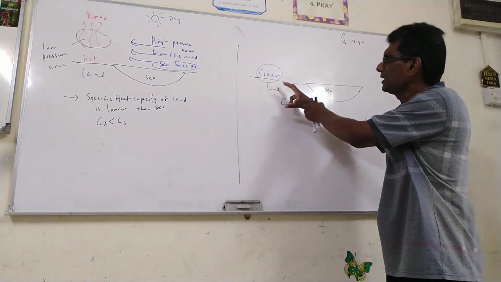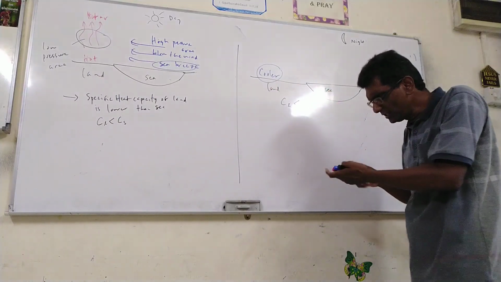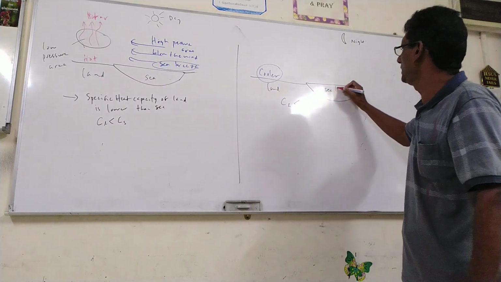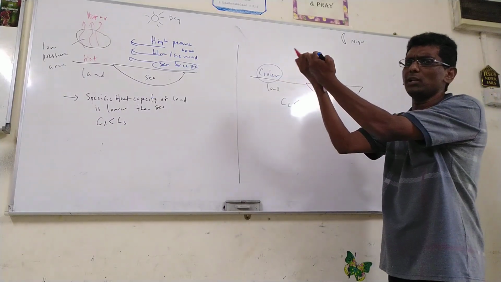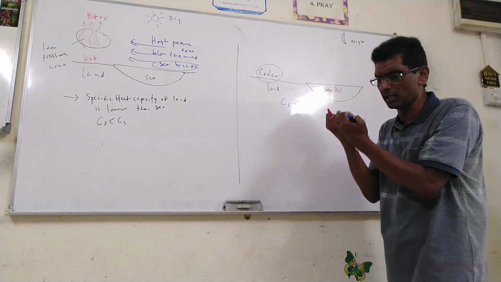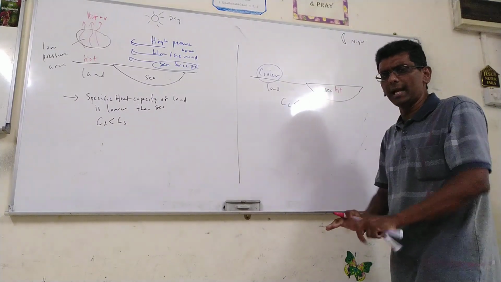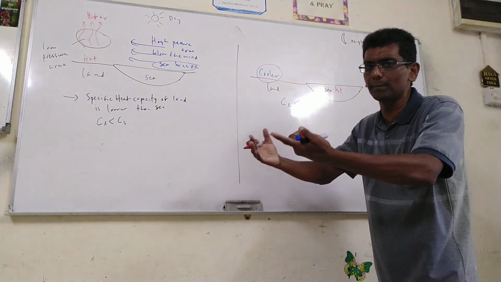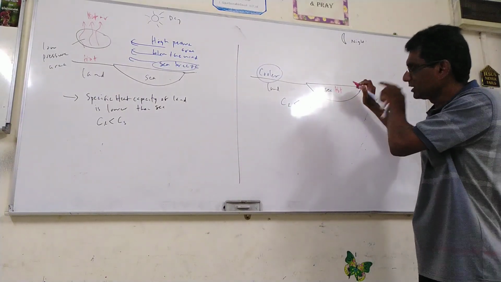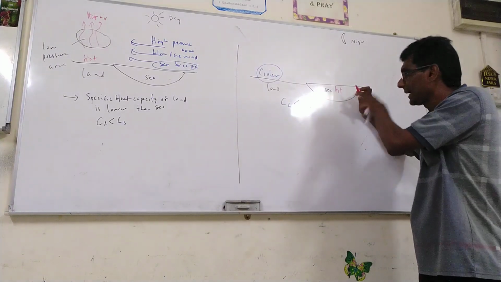So the land becomes cooler than sea. The sea is still hot. The sea absorbs the heat during daytime. During daytime it receives the heat from the sun and keeps the heat. At night time it gives back the heat. So the sea is still hotter at night time.